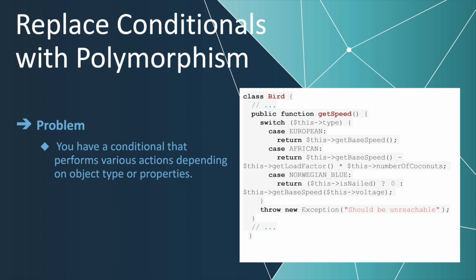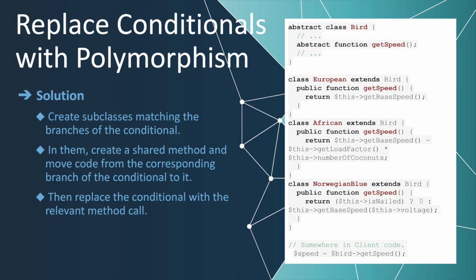It's solved with polymorphism, and the example would be this one. You create subclasses matching the branches of the conditional. Whatever conditions were there, you create subclasses for them. So we had European, African, and Norwegian blue bird, and then create a shared method, moving code from the corresponding branch of the conditional to it. You basically move the repeated methods into the subclasses, then replace the conditional with the relevant method call.